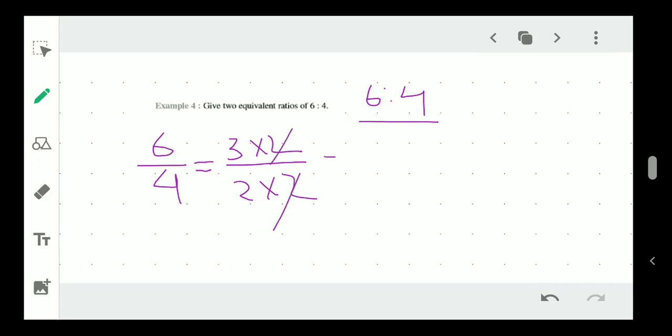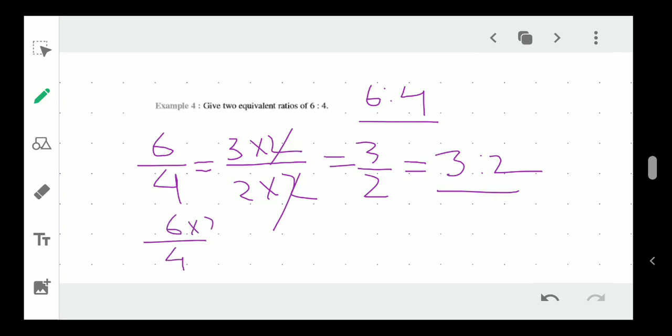So 2 is gone, so that is 3/2. So this is basically 3:2. So this is one equivalent ratio. Another thing you can do is multiply anything to both sides, then also it will be the same fraction.